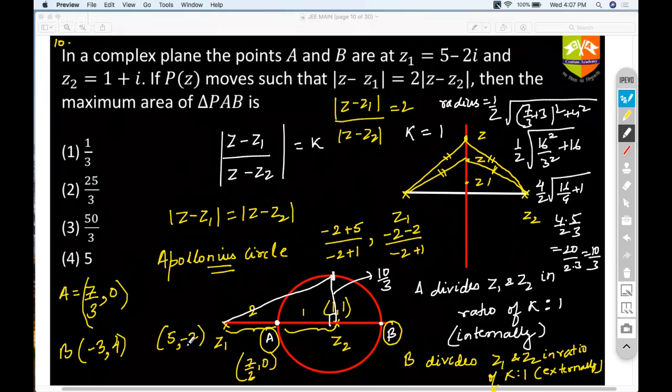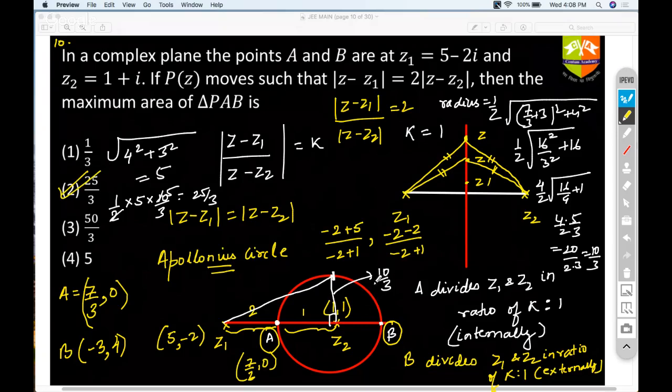So I think distance between 5 comma -2 and 1 comma 1 would be under root of 4 square plus 3 square. That's going to be 5. So your answer is going to be half base into height, that gives you 25 by 3, which is clearly option number 2, which is correct.